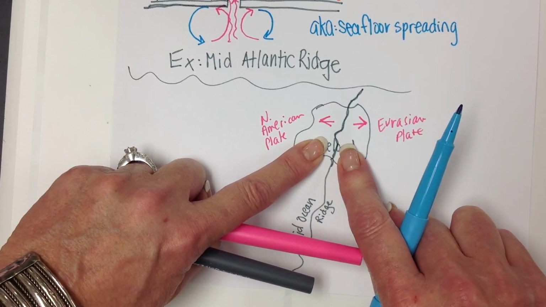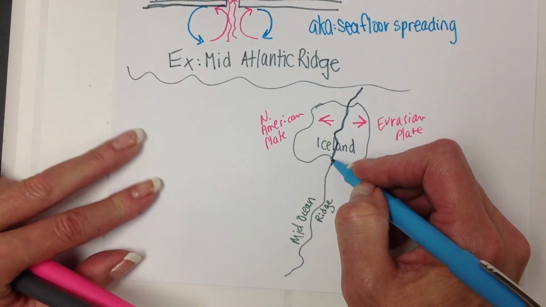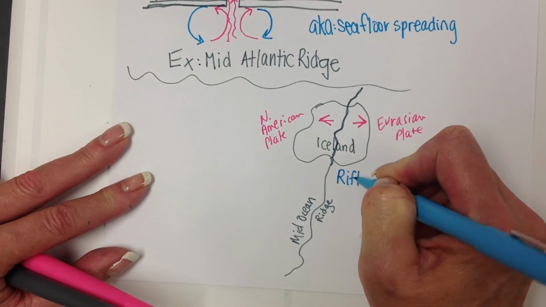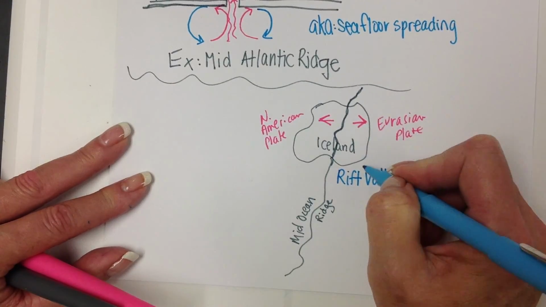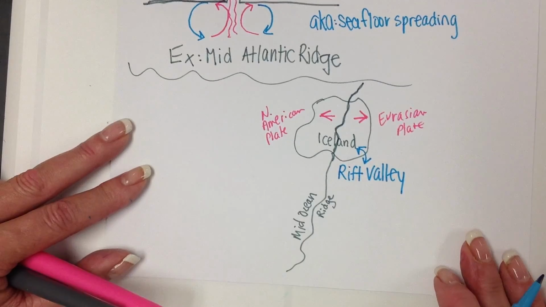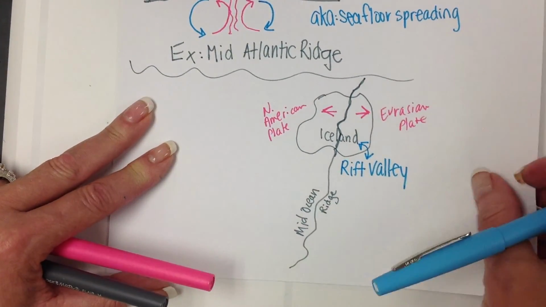Now, you won't always be able to do that, but today you could still do that. Anyway, what we call this crack on land, it's called a rift valley, and Iceland is our example of a rift valley. Alright, so much for divergent plates, plates that move away from one another.